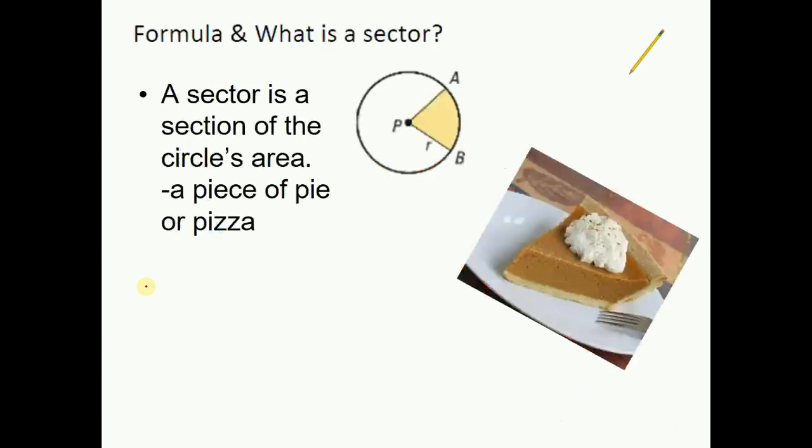So let's talk about what is a sector. A sector is a section of the circle's area. So when I cut a piece of pie out of a circle, that is a sector. So right here, this yellow piece that I have drawn right here, that is my sector of my circle.